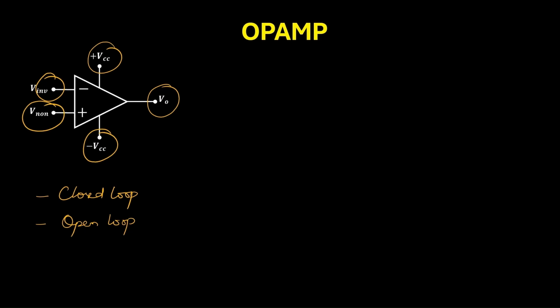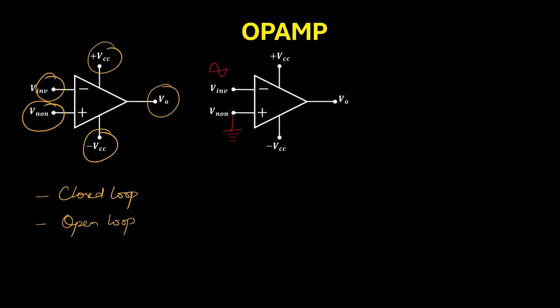Now, to understand what is the inverting terminal and non-inverting terminal, let us consider a circuit here. Let us ground the non-inverting terminal and let us supply a signal at the inverting terminal. Suppose this is the signal. Then at the output, we will get an amplified inverted signal.